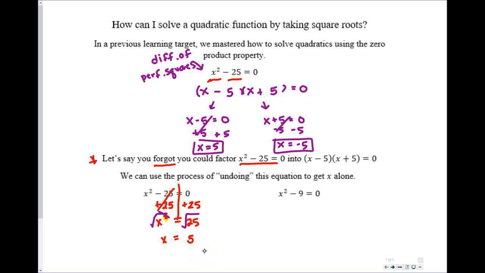Now the other thing I want you to think about here takes a little bit of stretching your logic. I know that x could be positive 5, and when I plug that 5 back in for x, it does work out: I get 25 equals 25.